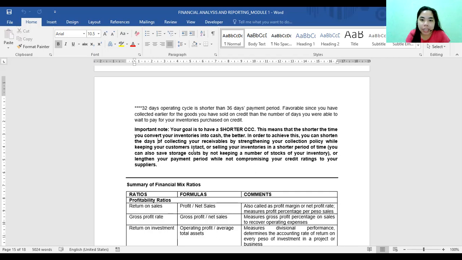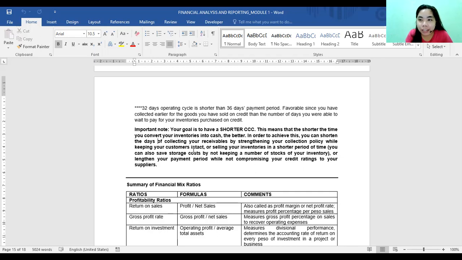This means that the shorter the time you convert your inventories into cash, the better. In your cash conversion cycle, you can determine if you are good at collecting, depending on how short your cash conversion cycle is, from the time you sold to the time you collected the payment.